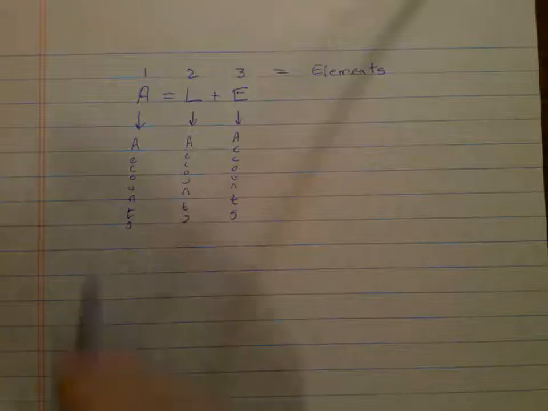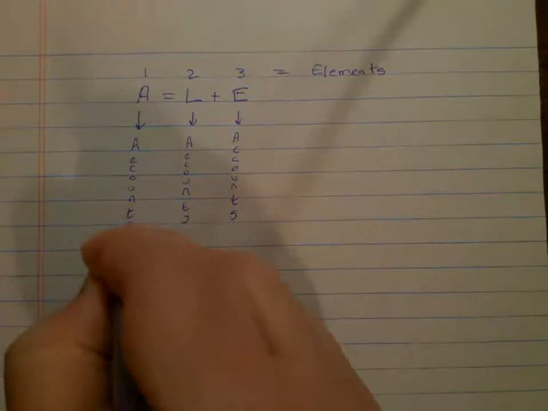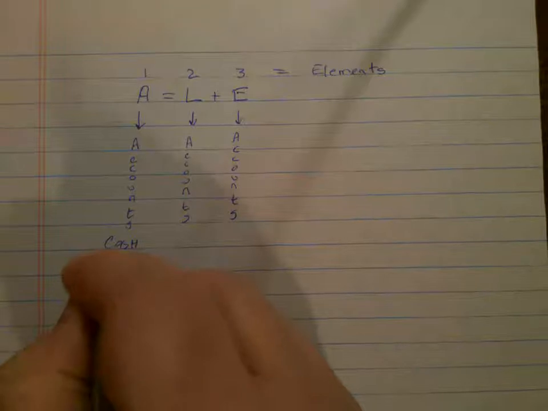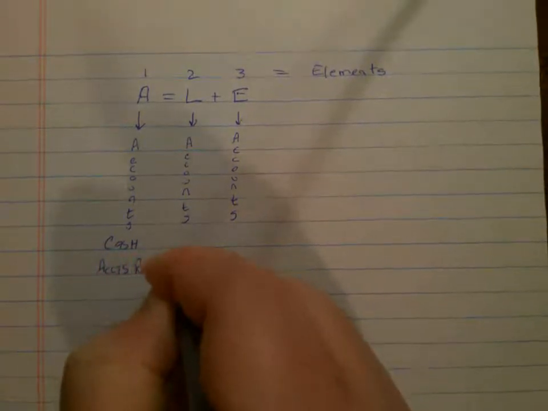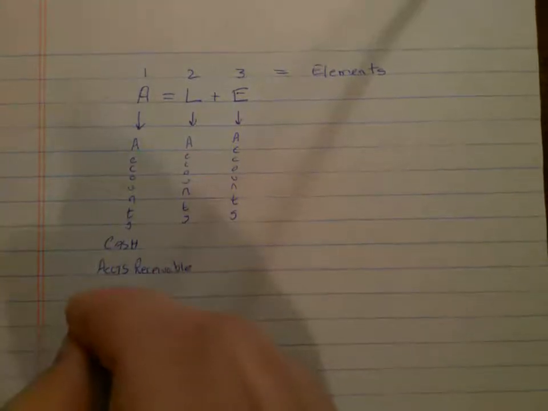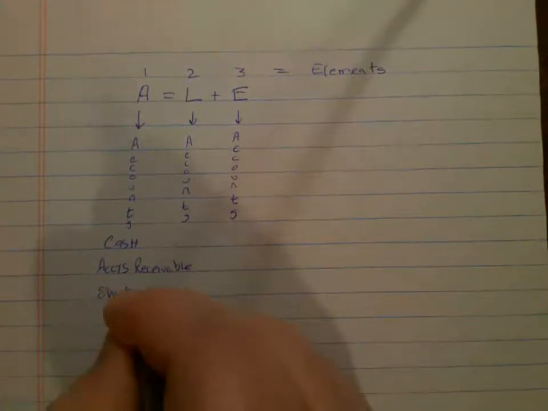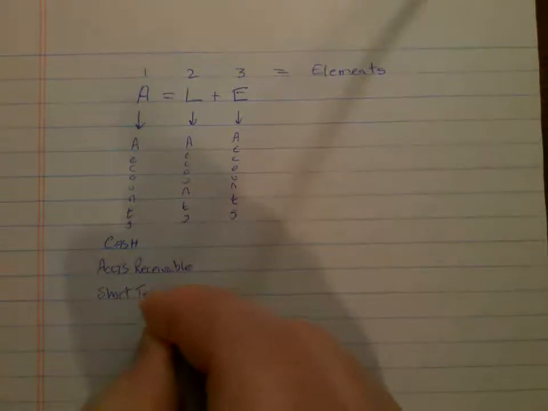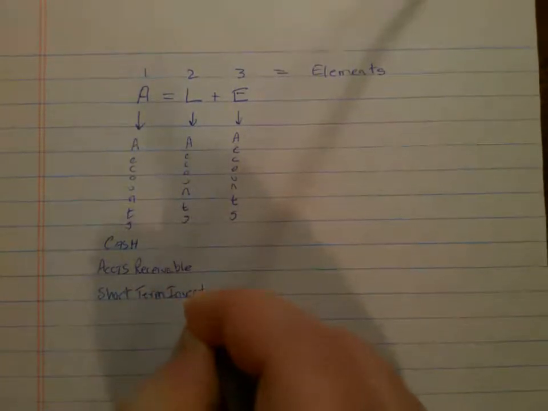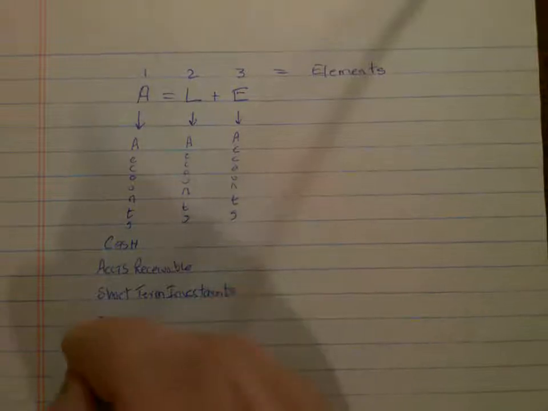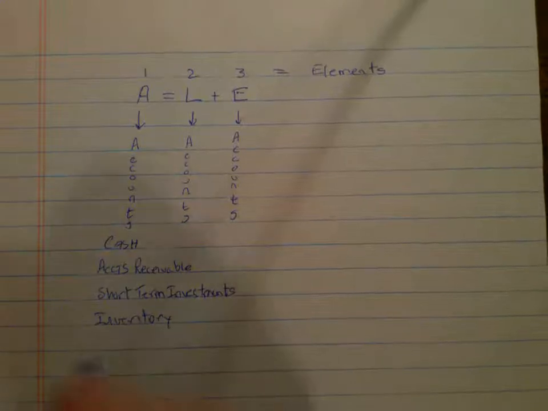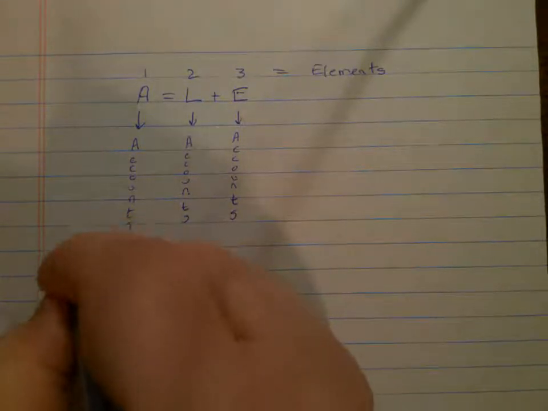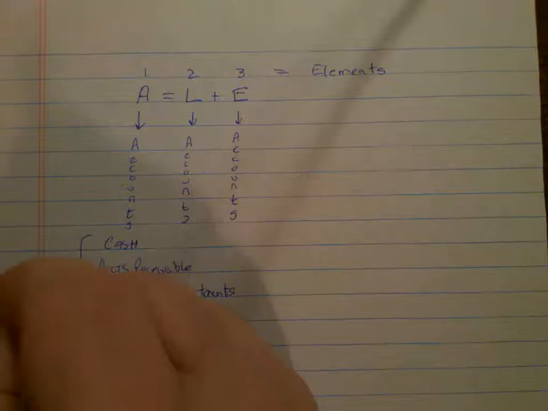An example of an account would be cash, accounts receivable, short-term investments, inventory. And these would be what we call current assets.